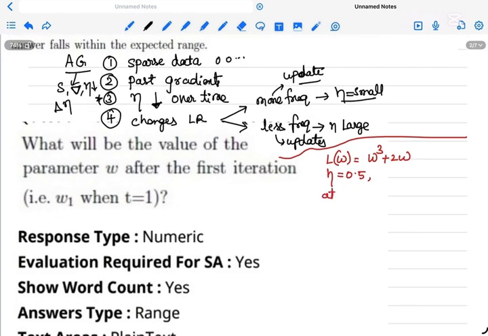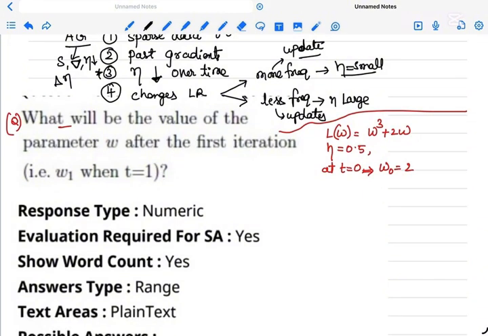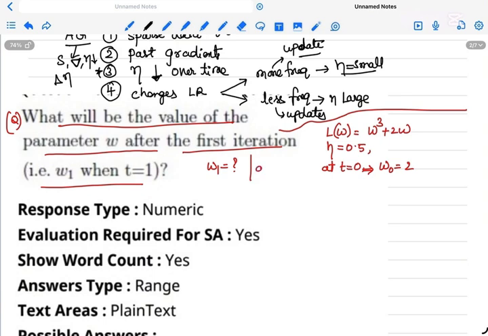So at the initial iteration t equals 0, the initial weight value is 2. What will be the value of the parameter W after the first iteration? They are asking us to find W1. How do we find W1? W1 means t equals 1.